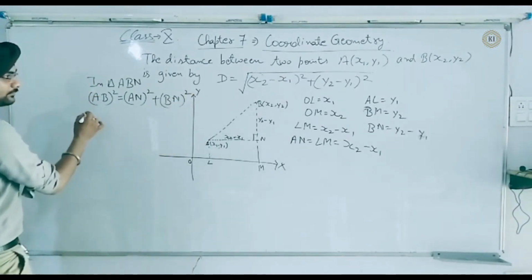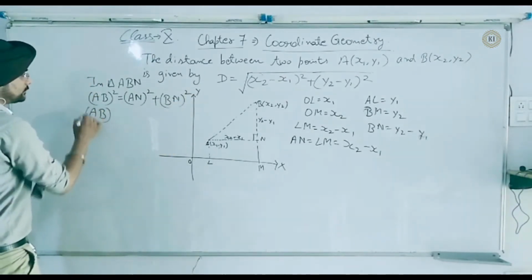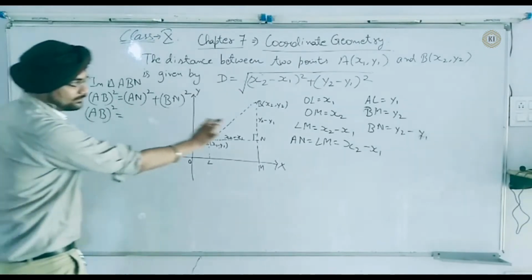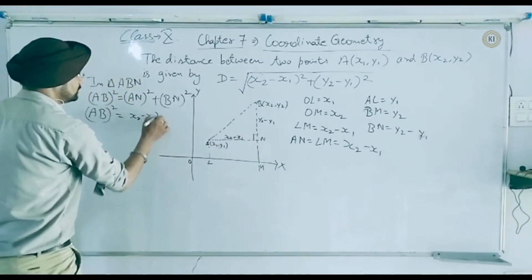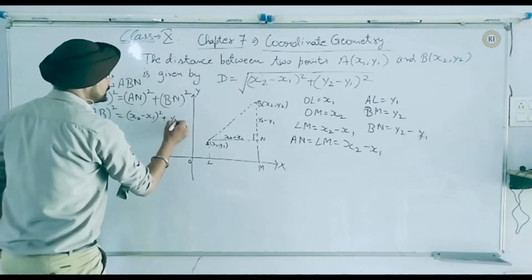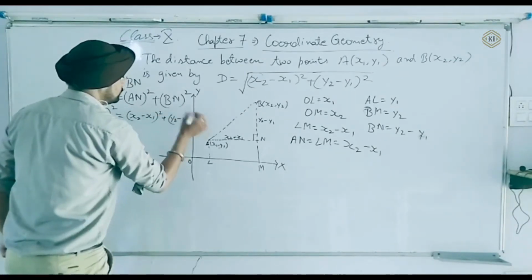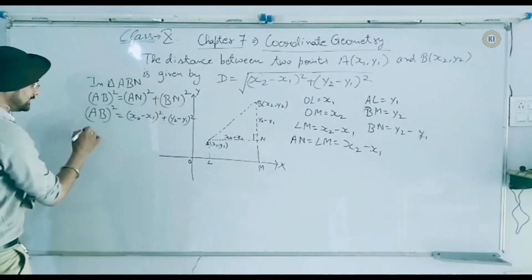So AB we have to calculate. This is the distance. AB square is equal to AN square. Value of AN is x2 minus x1 whole square plus y2 minus y1 whole square. The square will be moved to this side, it will go in the square root sign.